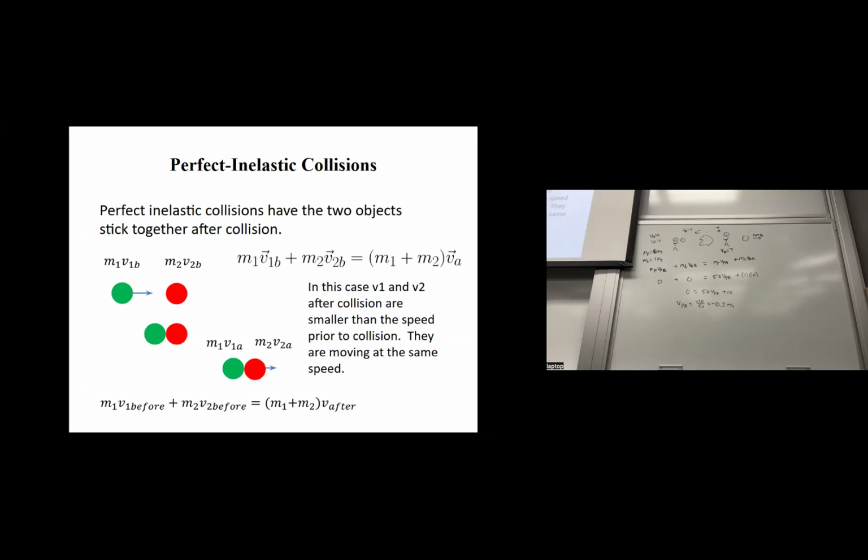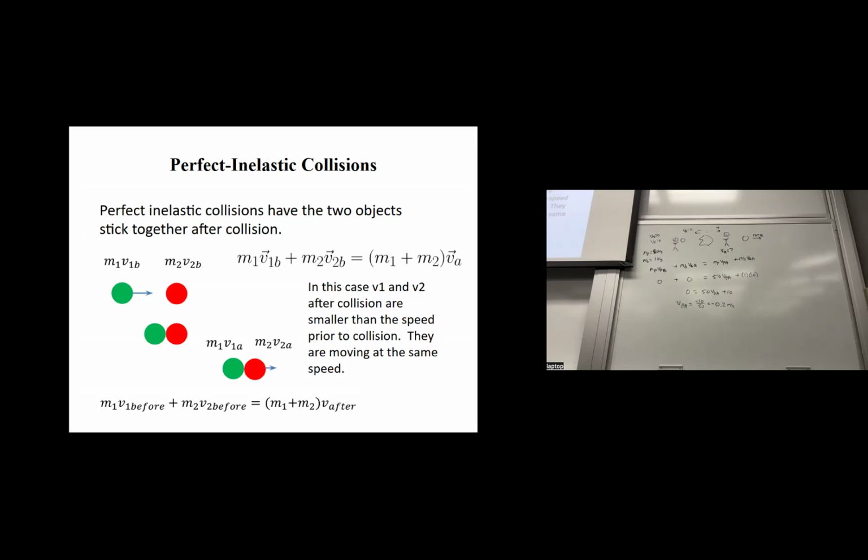So we said that there's this category of perfectly inelastic collisions, and this is whenever two things come together and stick or become attached in some way. When you see this, we still have our same type of system where you have M1 V1 before plus M2 V2 before.